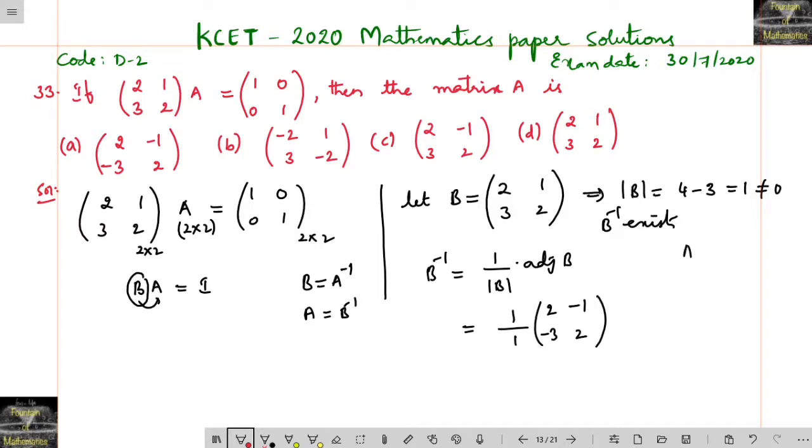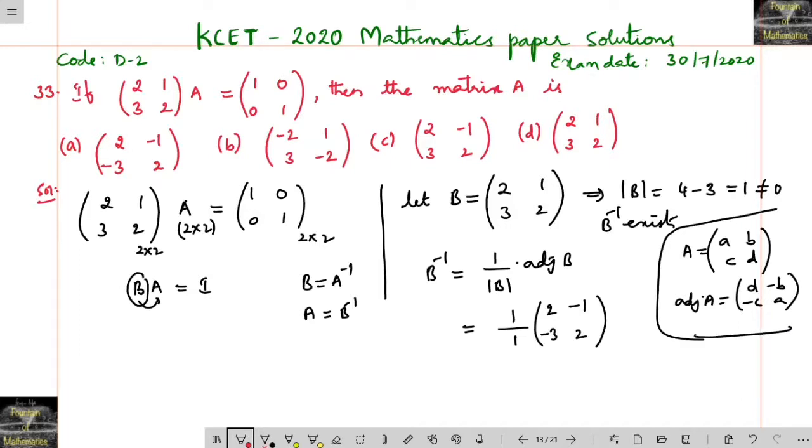If A is equal to [a, b; c, d], then adjoint A can be written as [d, minus b; minus c, a]. So this is one thing you can just remember. Interchanging these two in the diagonal way and changing the sign of these two in the other diagonal. So B inverse is nothing but [2, minus 1; minus 3, 2]. So among these options, it is the first option, so we can go with the first option.